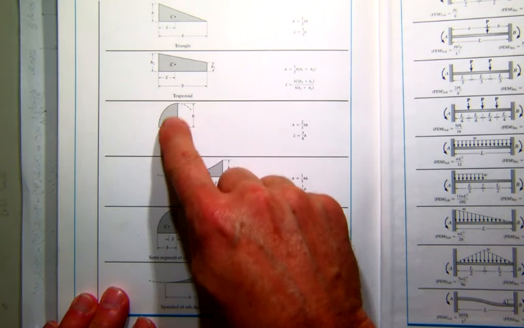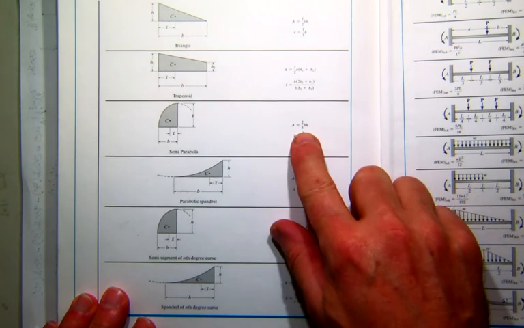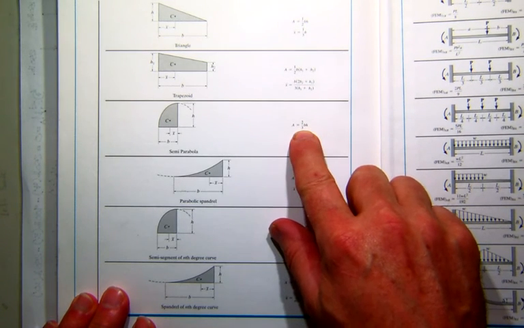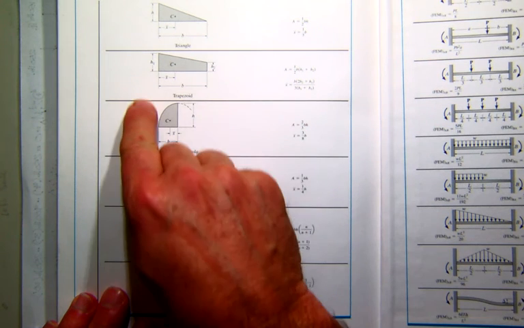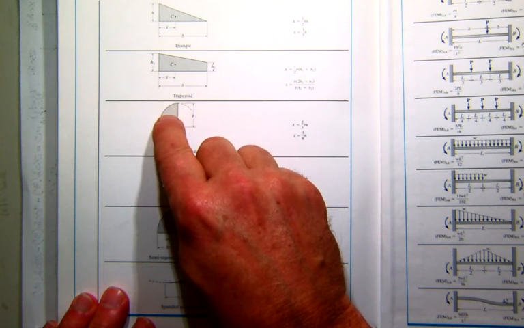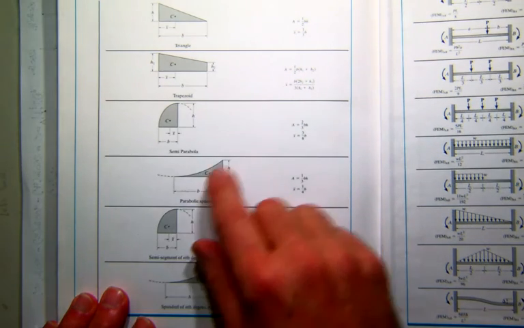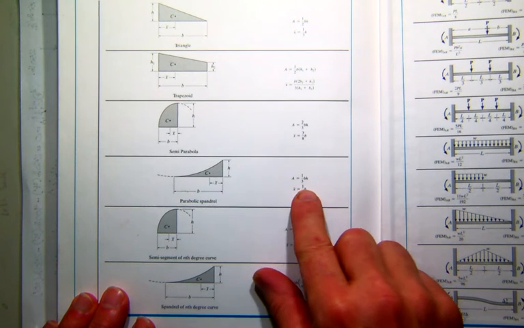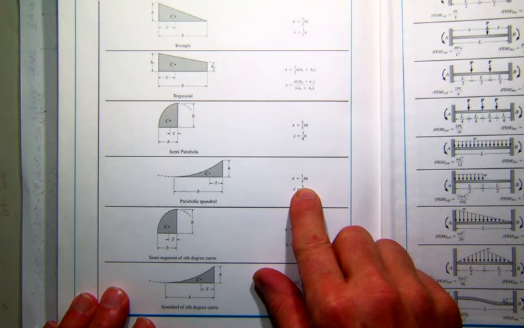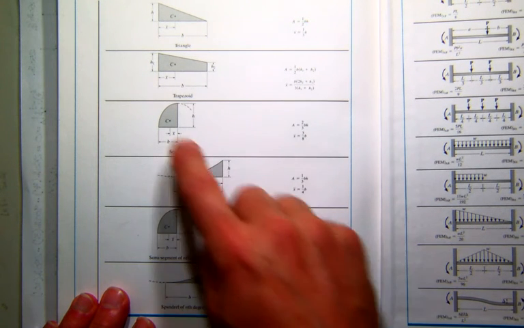Here's a parabolic section, and it's hard to see, but you can see the area is 2/3 base times height. And if you were to make this a rectangle, the little piece there on the side is called a spandrel, and that's it right here. And it's 1/3 base times height. And this is for a parabolic.